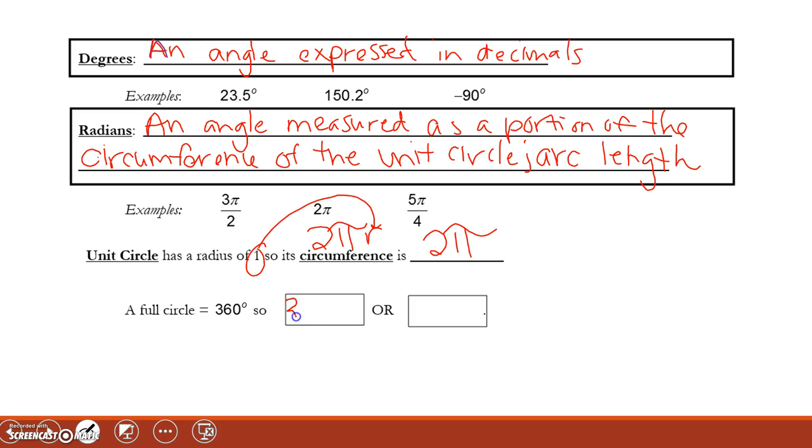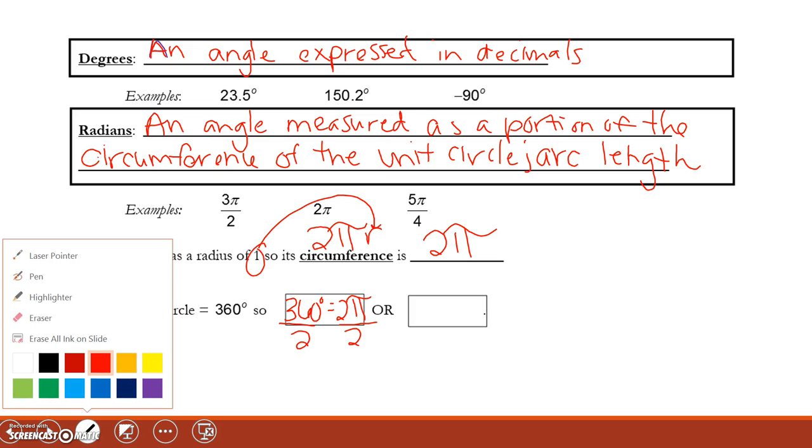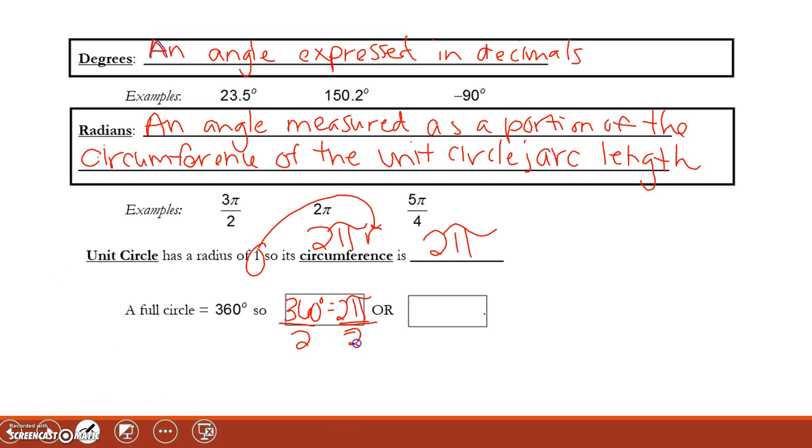So that means 360 degrees equals 2 pi, which is the same as circumference. So then I can divide both of these by 2, and that means 180 degrees equals pi. So this pi is an expression in radians, and that 180 is degrees.